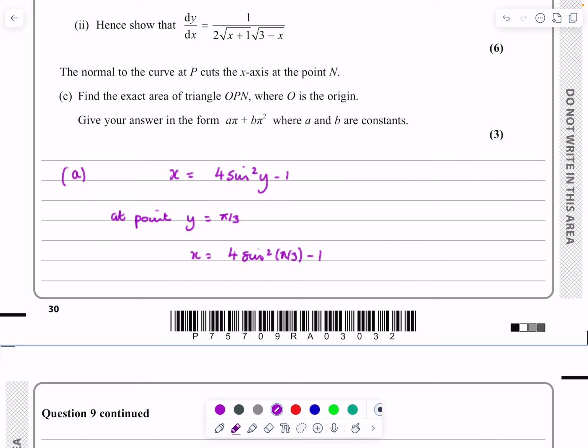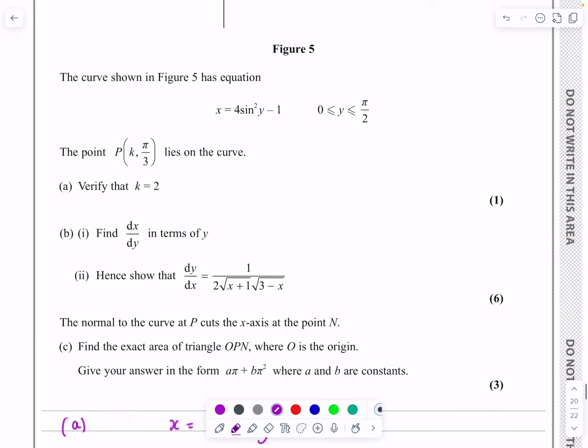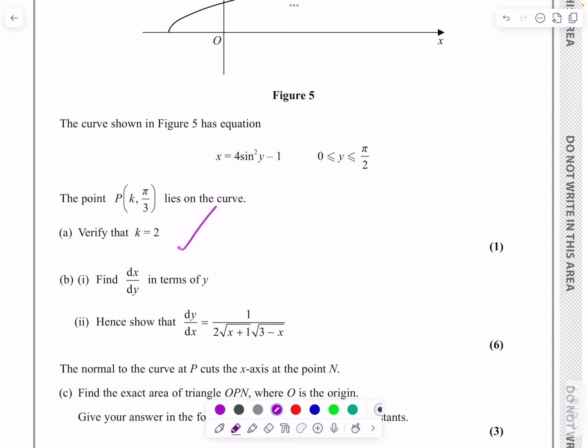Just stick that into the calculator. Sine pi over 3 is root 3 over 2. So root 3 over 2 squared is 3/4. 4 lots of 3/4 minus 1 works out to be equal to 2. I've only put that extra step in, I guess, because it says to show it. Otherwise, I wouldn't even have bothered with that part of it. But that's part A done, just a 1 marker.